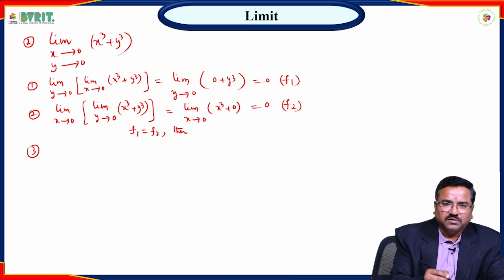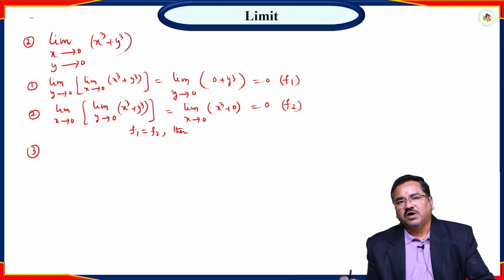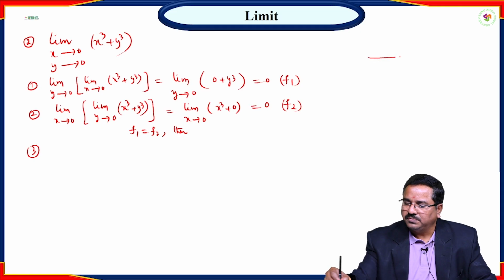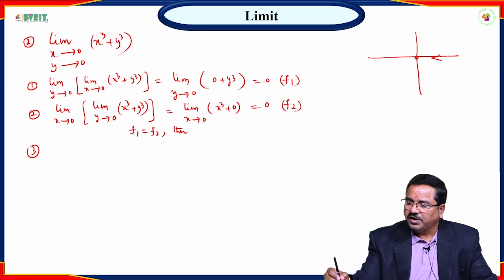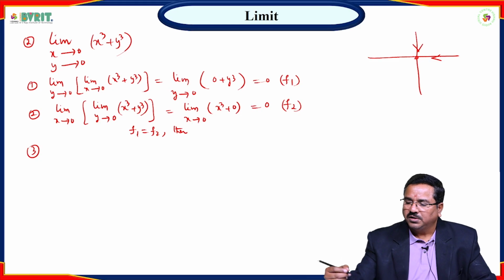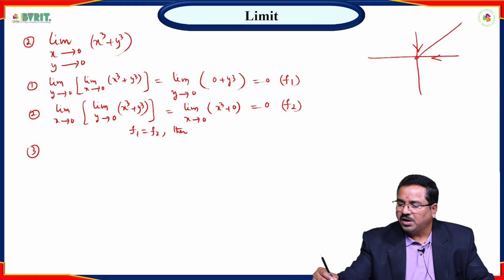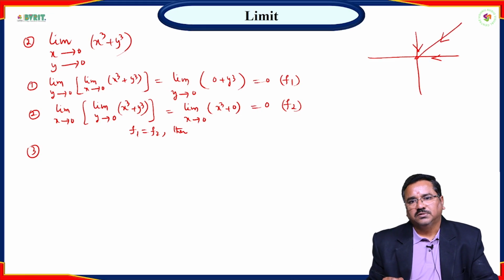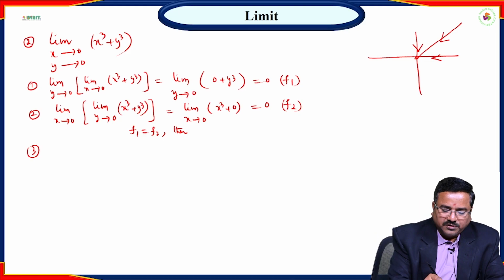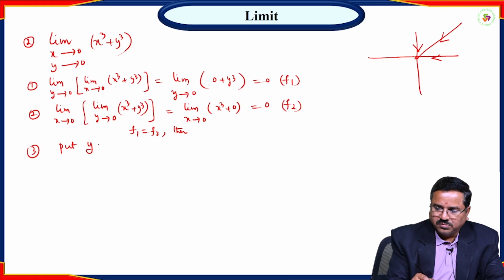Third step. What is the third step? Along y is equal to mx. At origin we are evaluating. So x to 0, y to 0, y to 0, x to 0 is over. Then you can compute the value along this path also. Put y is equal to mx.